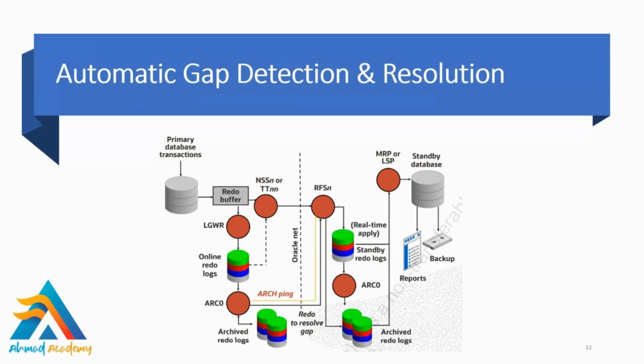When the connection is re-established, Data Guard automatically detects what the missing archive redo log files are, and then automatically transmits the missing archive log files to the standby database by using the ARCN process. So the ARCN process will do the gap resolution. Please remember that this is an interview question: which process does the automatic gap resolution?